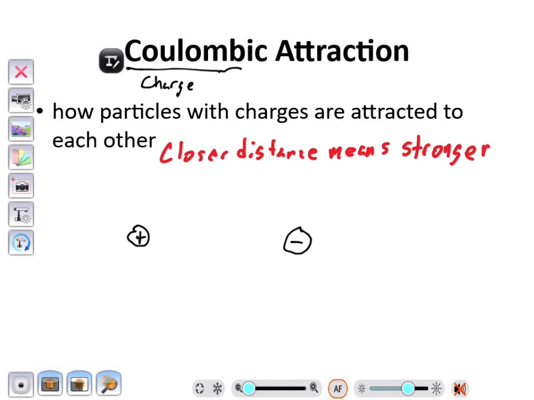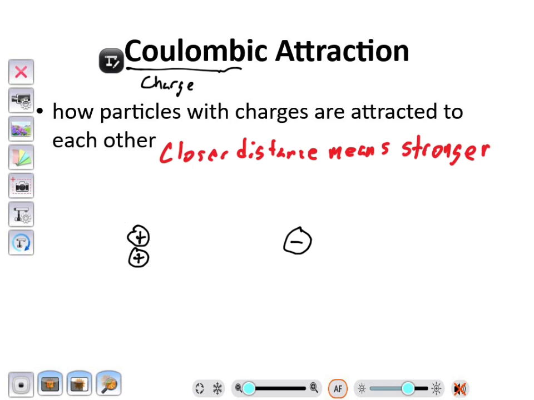The next thing, if we've got positive and negative charges, if we've got only one proton trying to pull on only one electron, and then we add an extra proton here, what do you think's changed about the amount of pull, the amount of attraction those protons have on this electron now? Right. Why is it stronger this time? Right. We've got extra charges here. We've got extra pull from them.